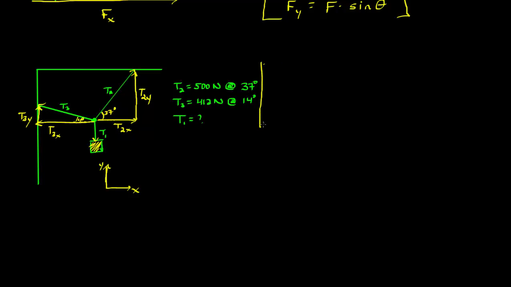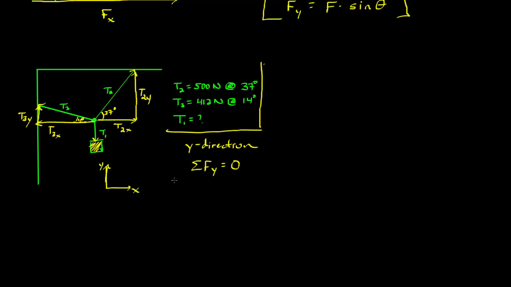So let me just draw this. And what we're going to do is the y direction. So everything in the y direction. And so our law here, since it's in equilibrium, would be that the net force in the y direction is equal to 0. There's no acceleration, Newton's first law. And so now we're going to write our forces.